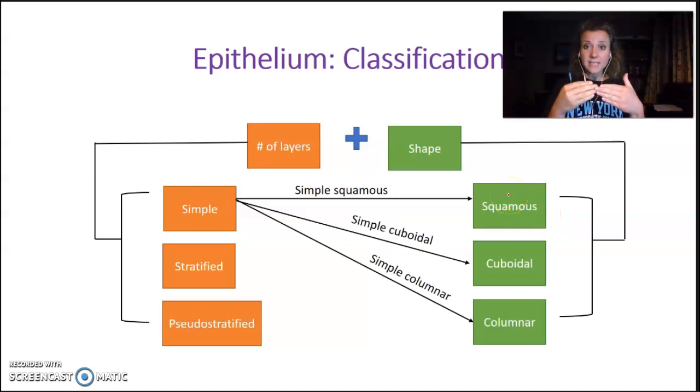They're very flat and thin. We can have cuboidal cells, which could be cube-shaped, but most likely they're hexagonal in shape. And we can have columnar cells, which are rectangular in shape. So we can have simple squamous, simple cuboidal, or simple columnar.